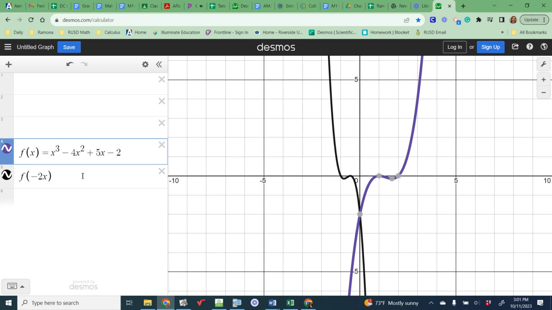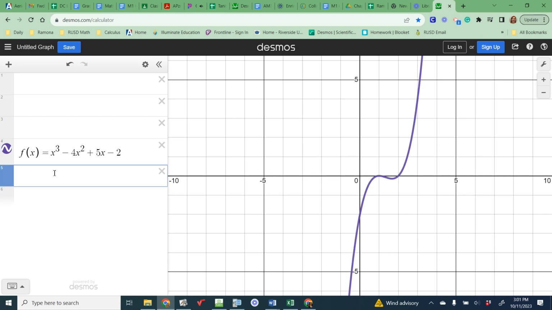We have this curve, and if I put in negative, it flips it across the y. So a negative number on the inside.